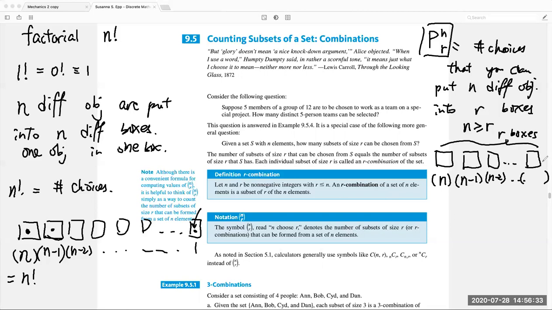There are only R boxes here, but you have n objects. N is greater or equal to R.